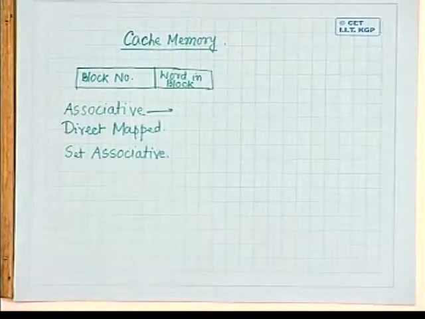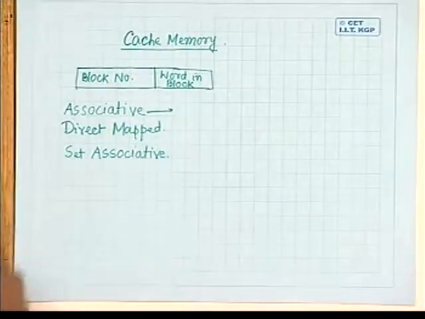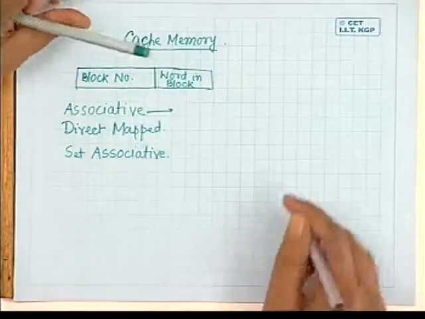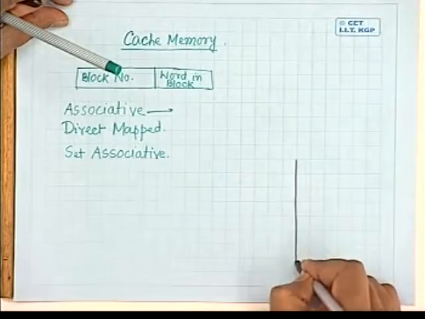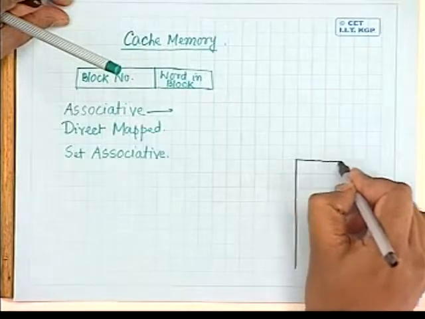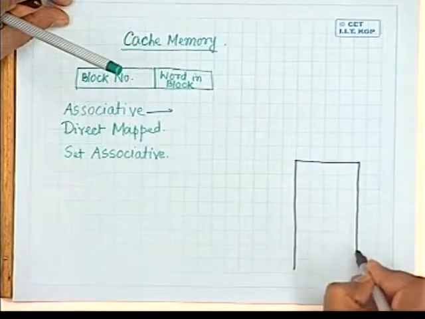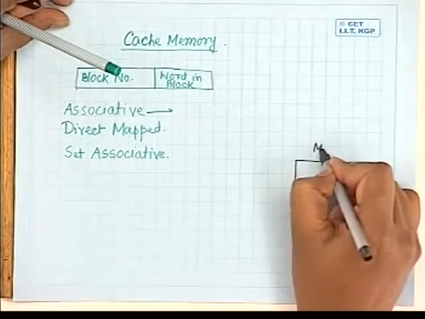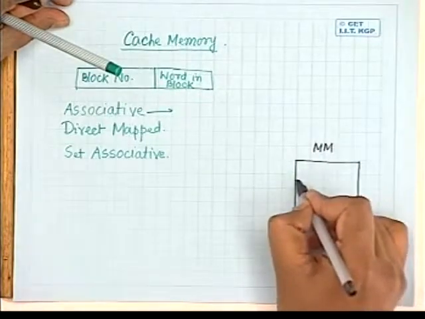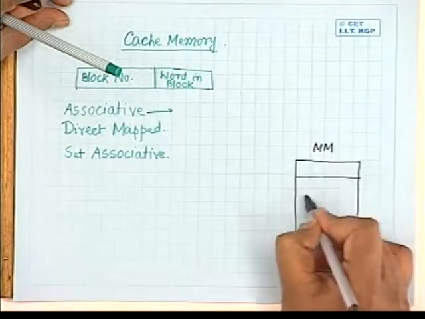Okay. So in case of cache memory, we'll assume that the main memory is divided into a number of blocks. Every block is of the same size. So this is main memory, which is divided into a number of blocks.